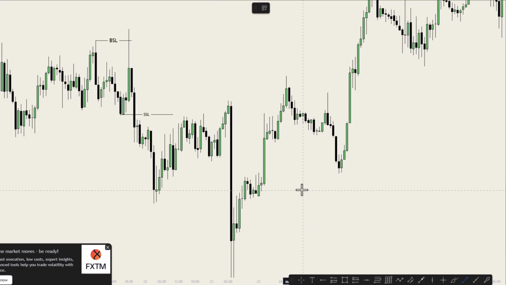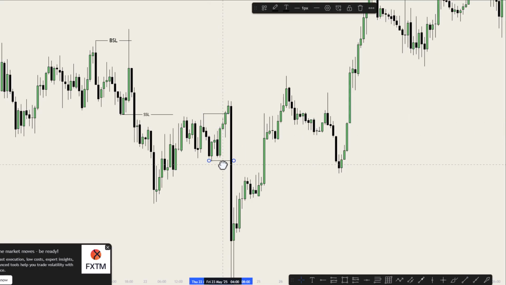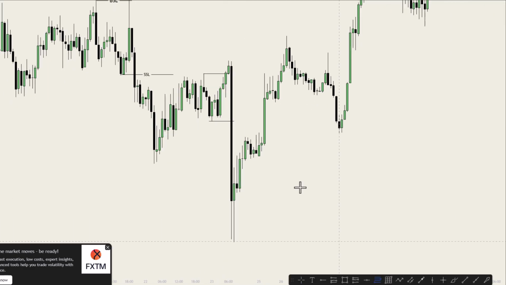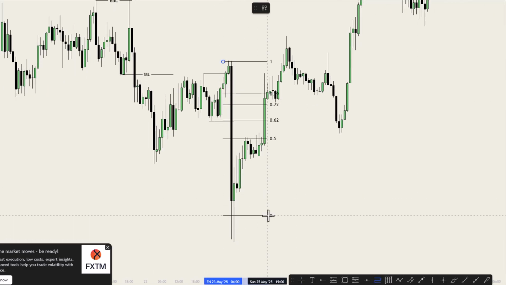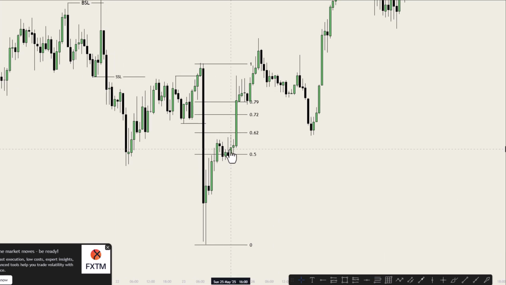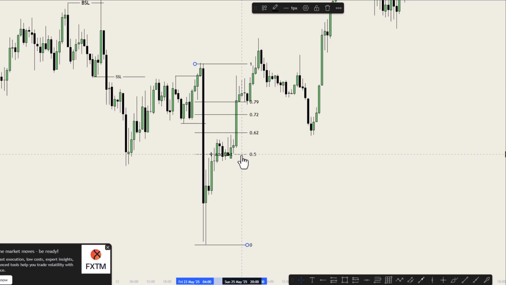And we have from this high to this low another daily range. But what happened here? After price sold, we see price created another daily range. How is it another daily range? We see price take out this low, which is sell side liquidity, and then another buy side liquidity.